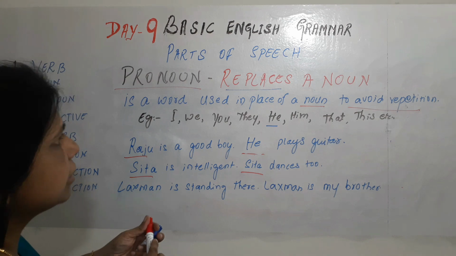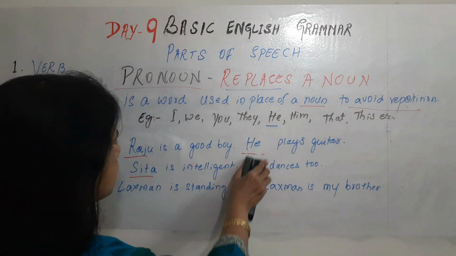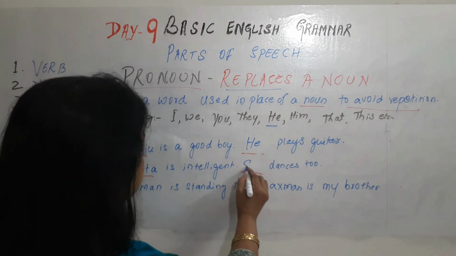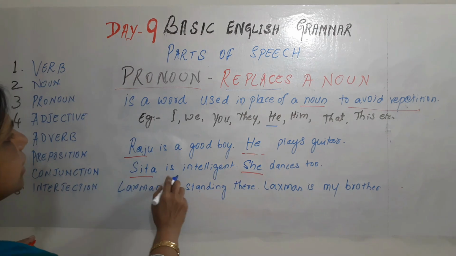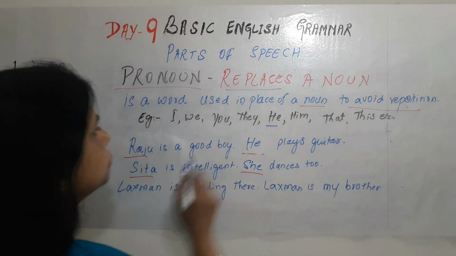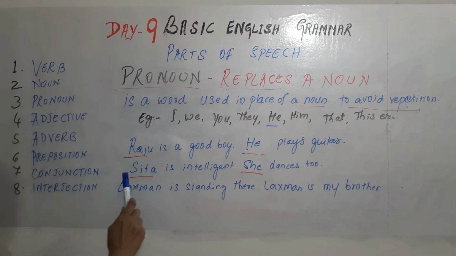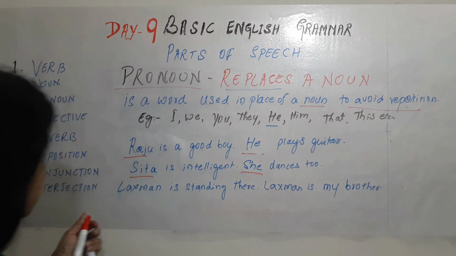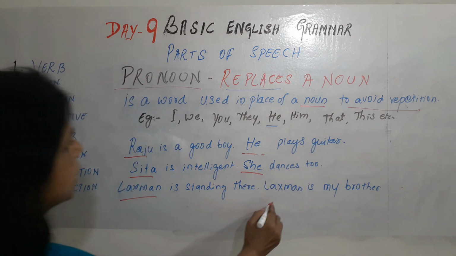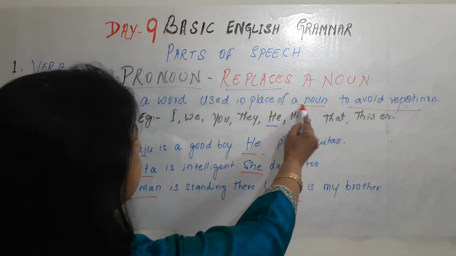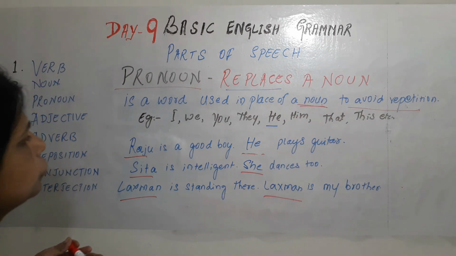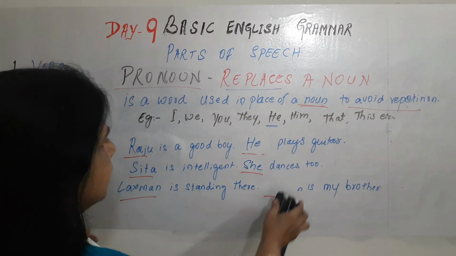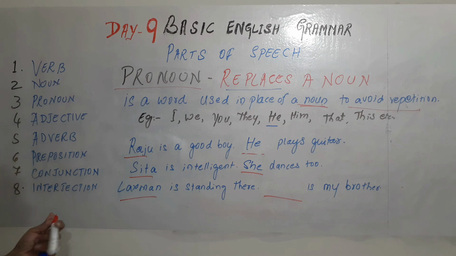Since she is a girl, we can use she. Sita is intelligent. She dances too. Okay. Lakshman is standing there. Lakshman is my brother. Again, this Lakshman. Lakshman is a noun, and to avoid this repetition, we can change it to he. He is my brother.